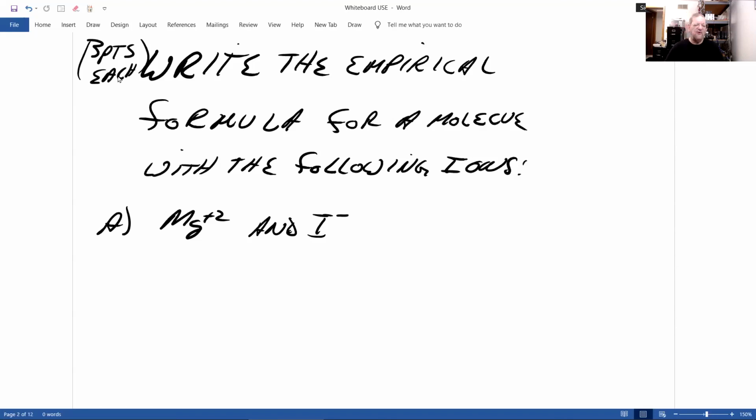Here's one for you. Write the empirical formula for the molecule with the following ions.